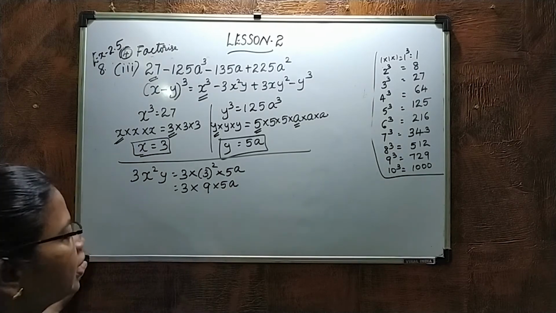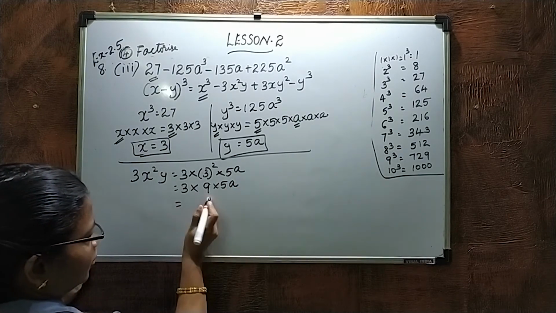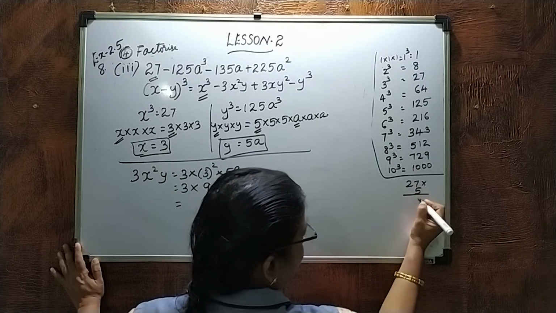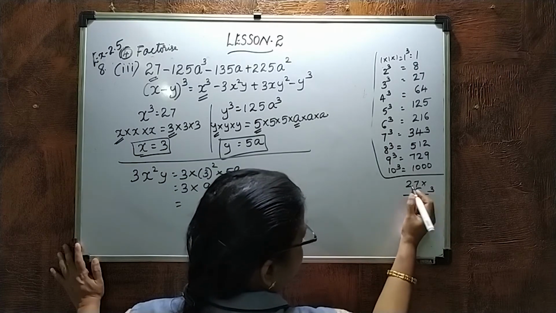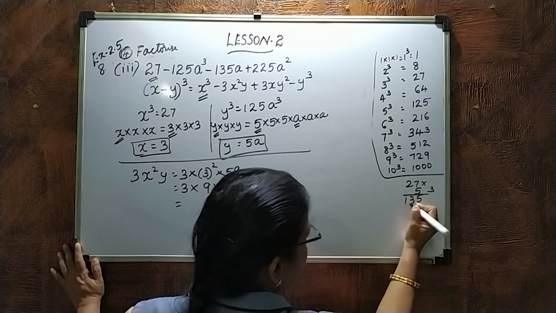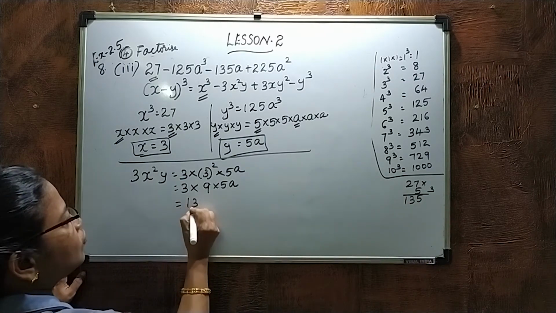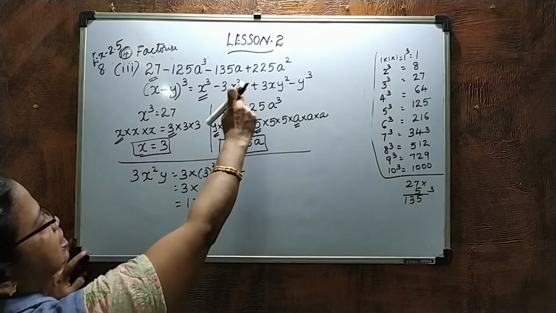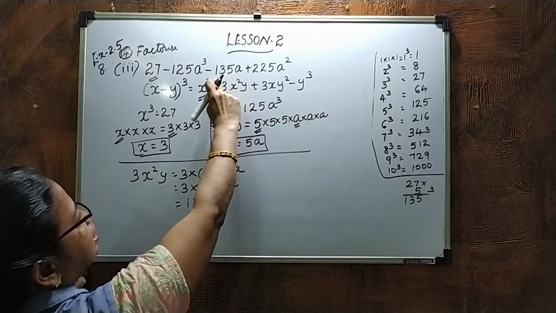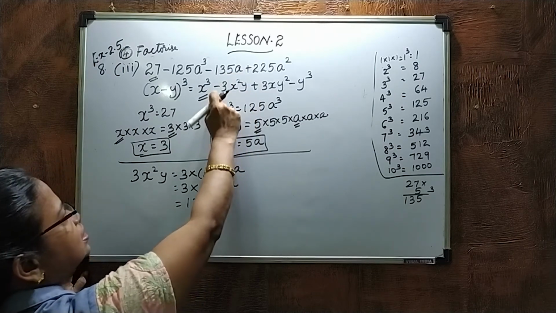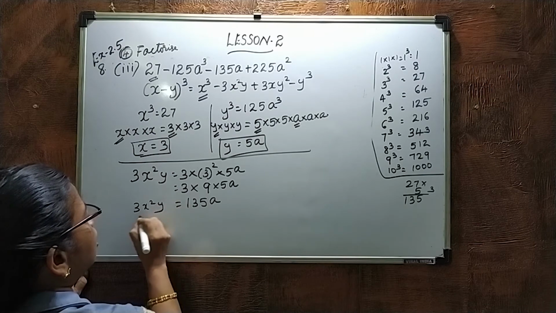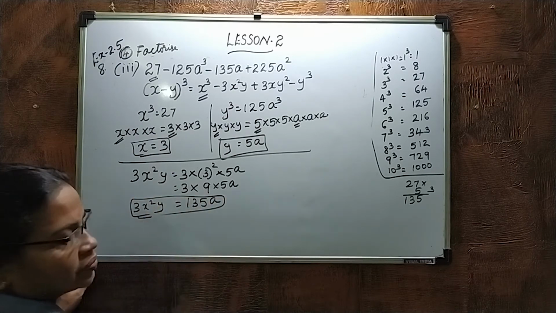What will you get then? 3 into 9 is 27, 27 into 5. 5 7s are 35, 5 2s are 10, 10 plus 3 is 13. 135a. Is it 135a? Yes. 3x square y, yes, 135a. Minus is there, minus is there. So 3x square y equals 135a.